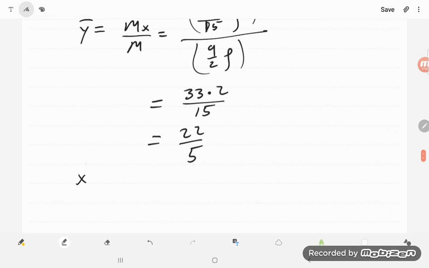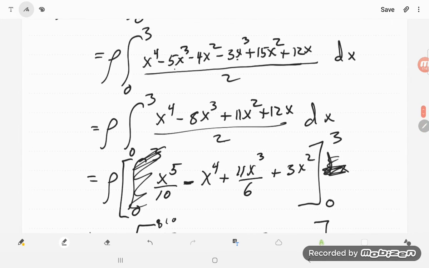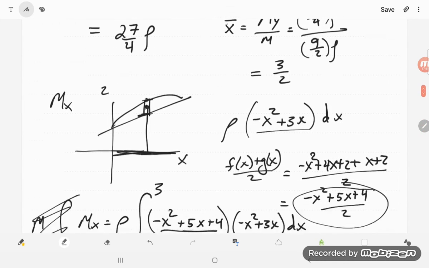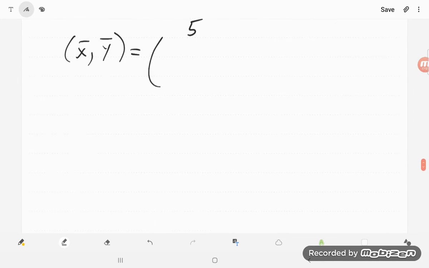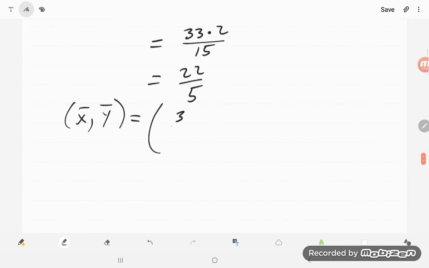Okay, so our x bar, y bar, center of mass, was 3/2 and 22 over 5. So for one, does that seem reasonable?